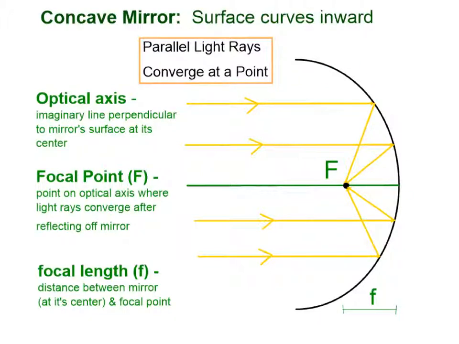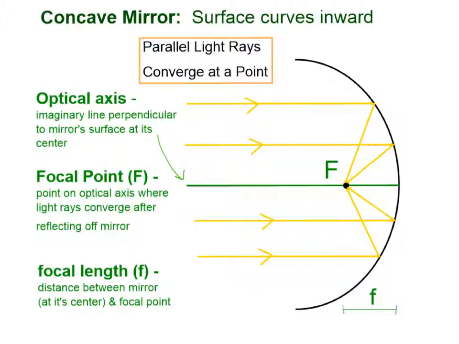There are several different features that you should know when we talk about concave mirrors. A concave mirror has what is called an optical axis. It is the imaginary line perpendicular to the mirror's surface right at its center. That is the optical axis. A concave mirror is also made so that when light rays are traveling toward the mirror parallel to that optical axis, they will reflect off of the mirror through a very particular point, and they all converge at that point.